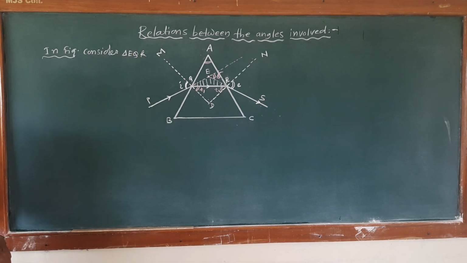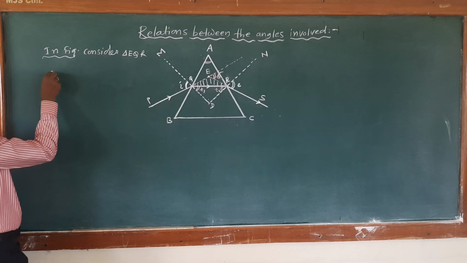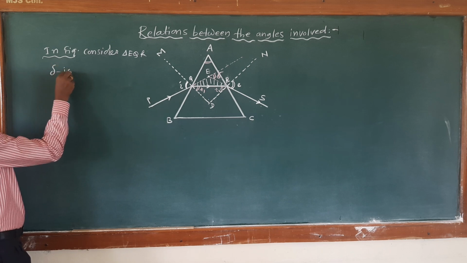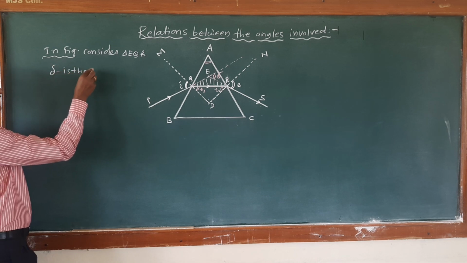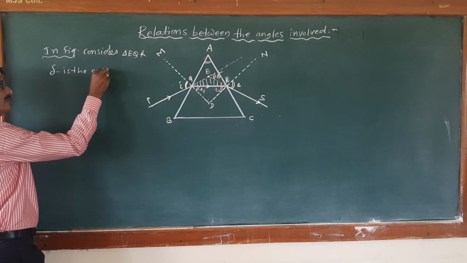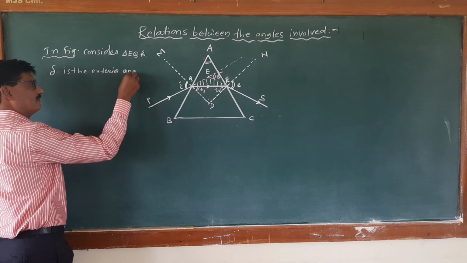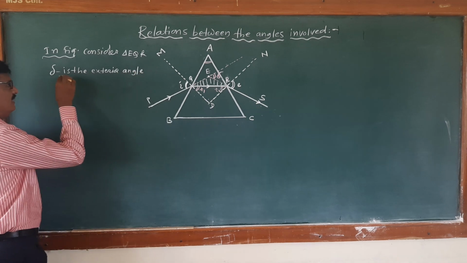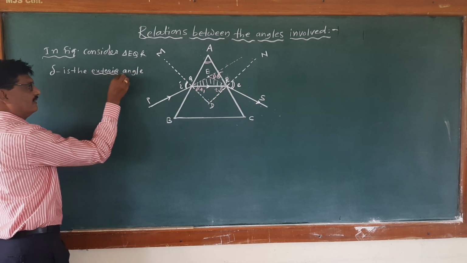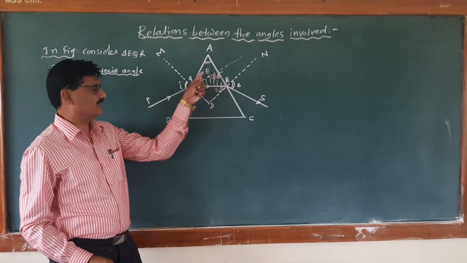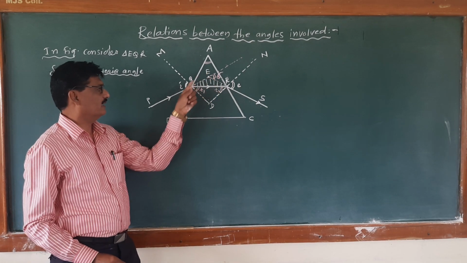In this triangle EQR, del is the exterior angle of triangle EQR.